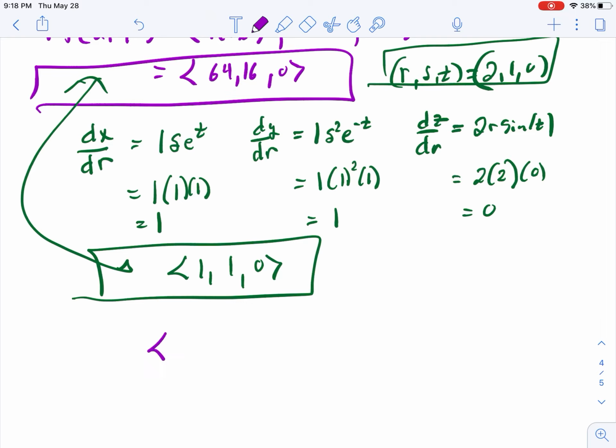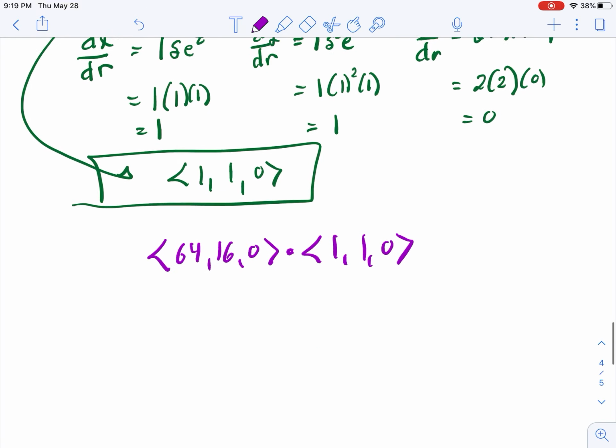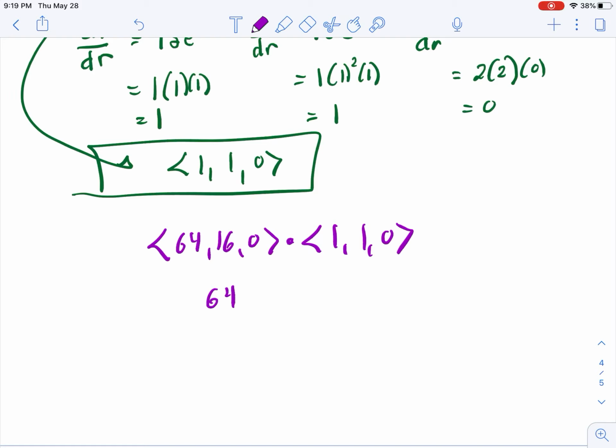So let's go ahead and do that. So we have my gradient 64, 16, 0, and dot it with 1, 1, 0. So I have 64 plus 16 plus 0, and it looks like 80 would be the answer.